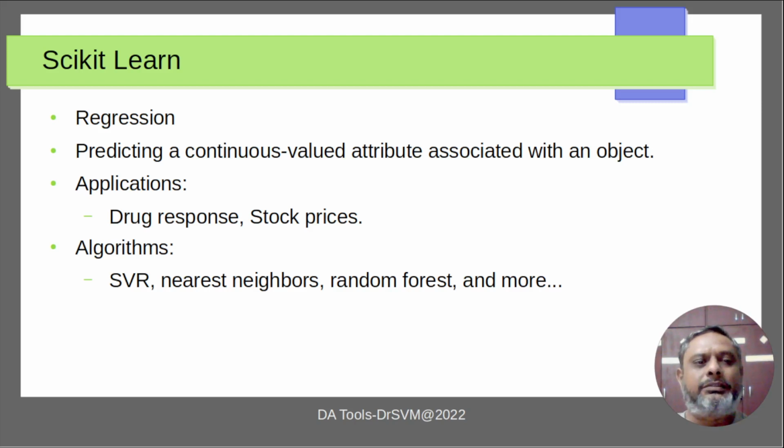So that's regression. The applications may be drug response, like different values of doses given, then what happens to the output, how the response is, or for different treatments, how many days it took to get cured and all that. Or you can look at stock prices.